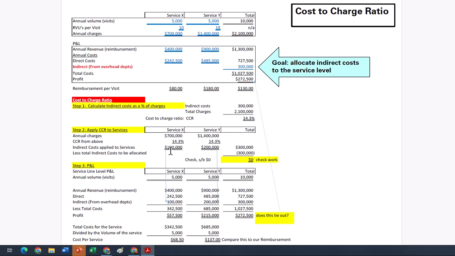We allocated the 100 for service X and the 200 for service Y. Our total cost is 342 for X and 685 for Y. Our profit is 400 less 342, 57 and change, and 900 less 685, 215. Does it tie out? Yes. Profit of X and Y equals profit overall.